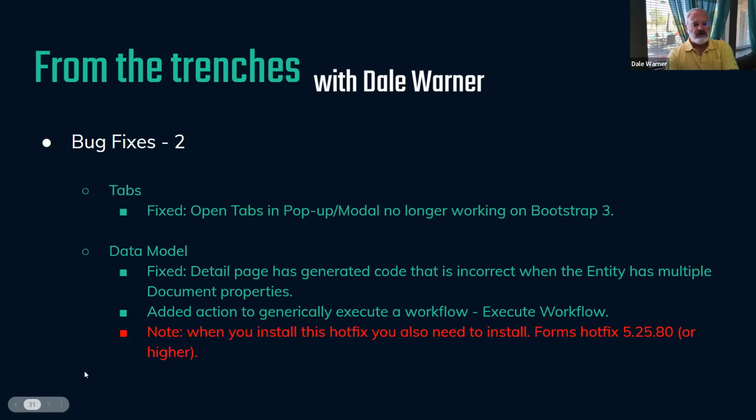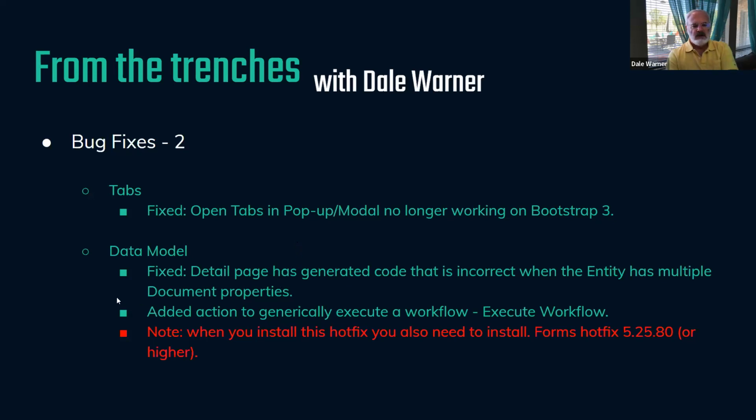So the next two bug fixes, one is in tabs. The Bootstrap 3, which again, we are encouraging everyone to upgrade to Bootstrap 5, that we will not indefinitely support the older Bootstrap 3. But we had a problem in Bootstrap 3 where opening tabs in a pop-up or modal wasn't working, and now that's fixed.